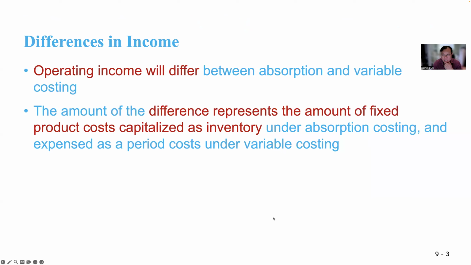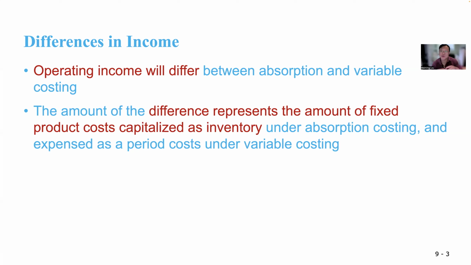So obviously the operating income may be different when you use absorption costing versus variable costing. In fact, we are able to reconcile the operating income figures using the amount of fixed product cost capitalized as inventory.